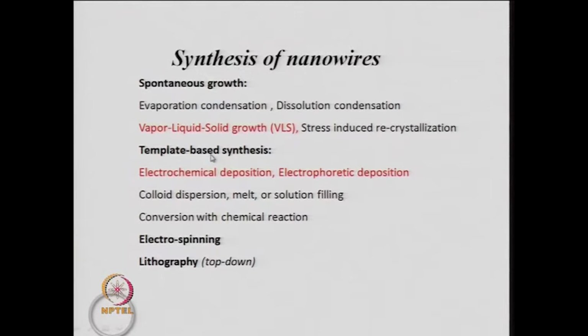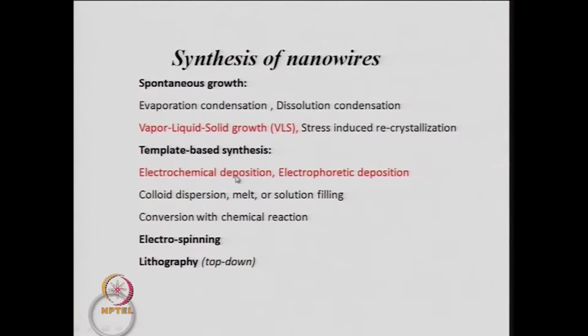However, we can also synthesize nanowires based on templates, which is called the template based synthesis. In the template based synthesis, we have discussed two main techniques. One is the electrochemical deposition, while the other is the electrophoretic deposition, and the two techniques are a little different.